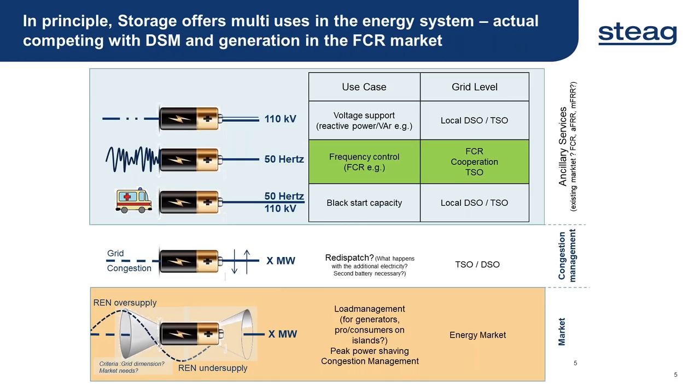This is a theoretical discussion we are facing in Germany, because what will happen with the additional electricity needed for charging in the south and in the north? It should be a question of the market, and so this is on the bottom of the slide.